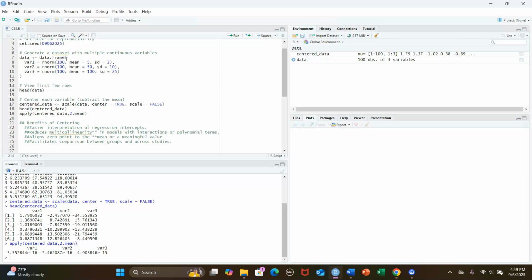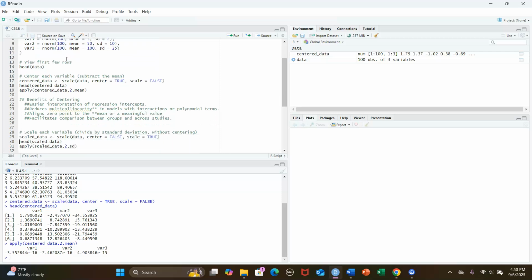It also reduces multicollinearity in models with interactions or polynomial terms, so this is one way to address multicollinearity in regression models. It aligns the zero point to the mean or a meaningful value, and facilitates comparison between groups and across studies.